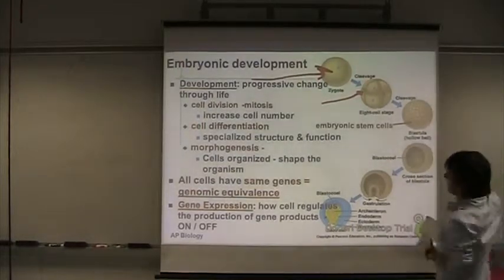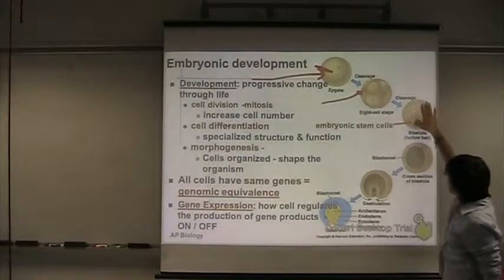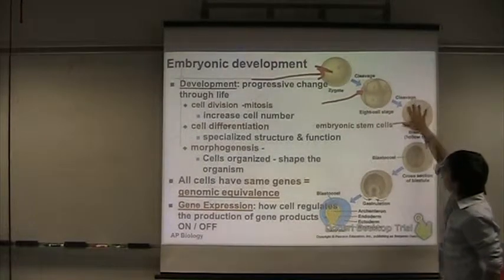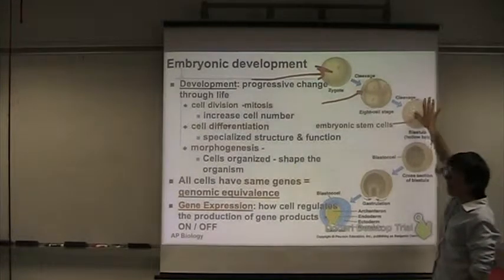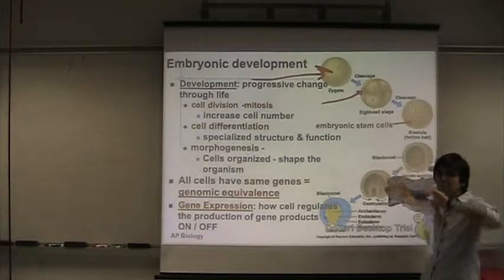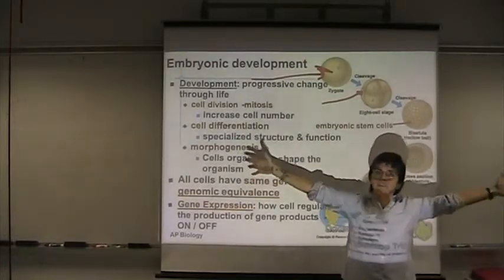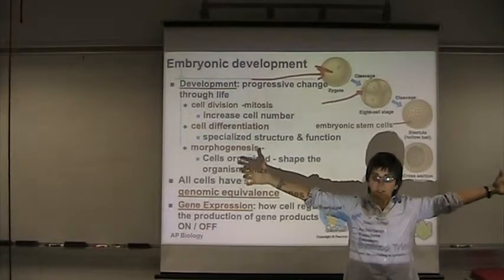Now let's go back here, because here is where we need to focus. The blastula is the important stage that we need to talk about. Up to this stage, in an early blastula, all the cells still have all their DNA basically available for business.